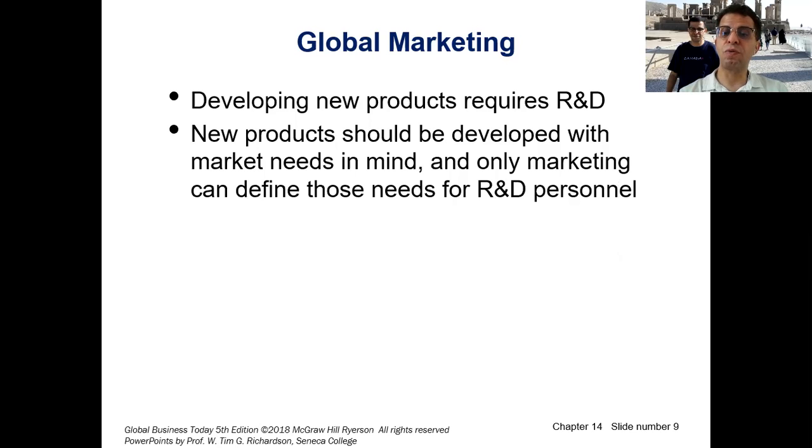Developing a new product requires R&D, research and development. A new product should be developed with the market needs in mind, and only marketing can define those needs for R&D personnel. So marketing does the marketing research, finds the need, and tells R&D this is the need, and R&D personnel develop the product.